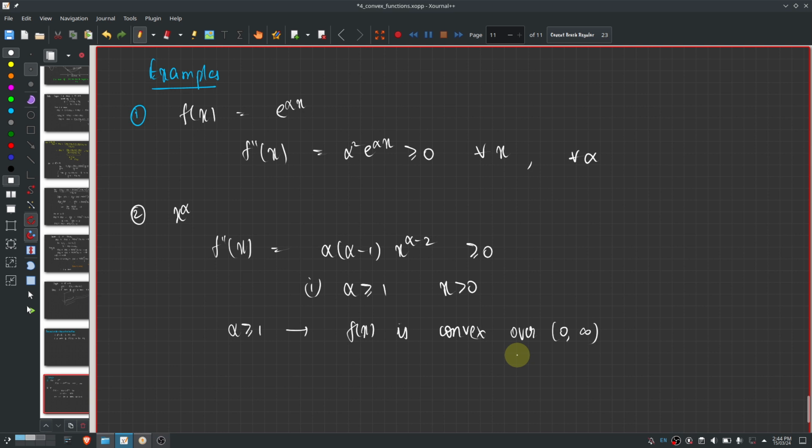What happens when x is less than 0? It is not defined for certain alpha. So sorry, why is it not defined for certain values of alpha? Alpha can be 3 by 2. Okay.